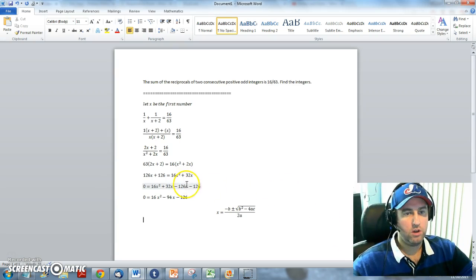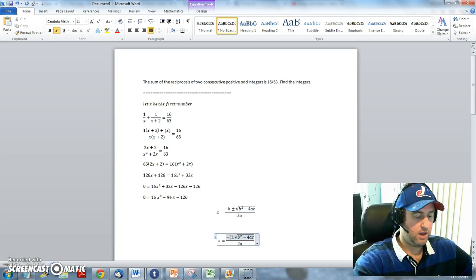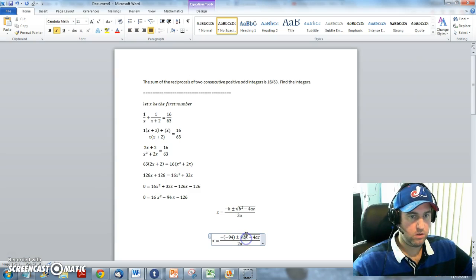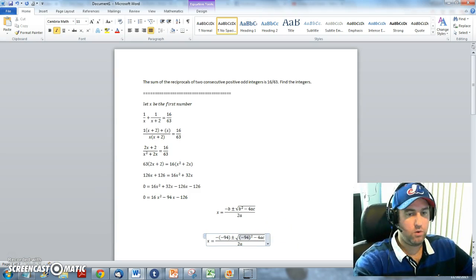So if you do that, our B value here is negative 94. Our A value is 16.